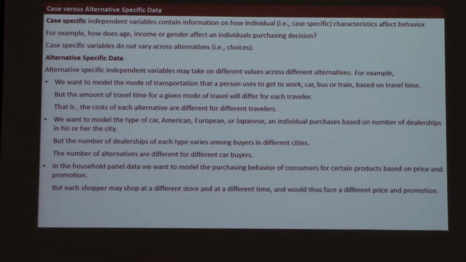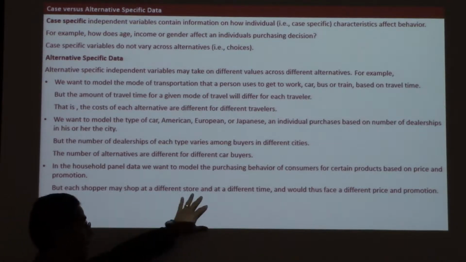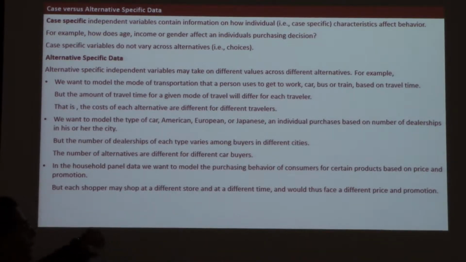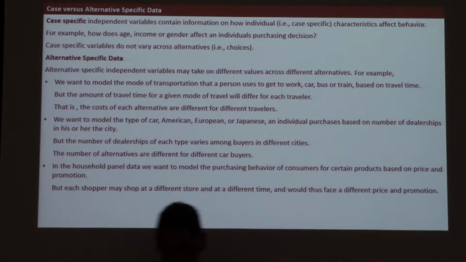Why? Because people shop at different times and in different stores. So remember how this data works. It's not everybody going to the same store and facing the same prices. It's literally every family shopping wherever they go. They come home, they scan their stuff, and depending on where they shopped, they're going to face a different price for the same product. Depending on when and where they shopped, they're going to face a different promotional aspect.